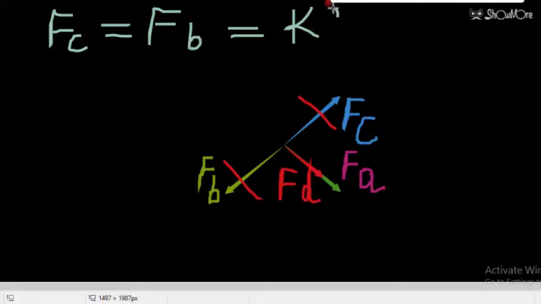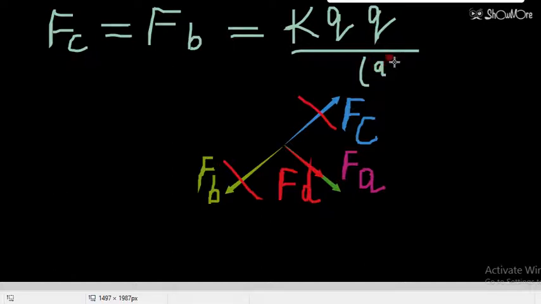So K into Q by R square, which is A by root 2 square.